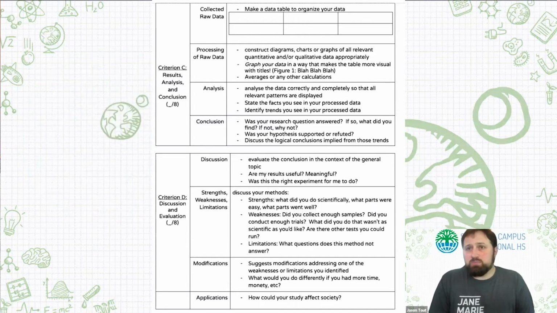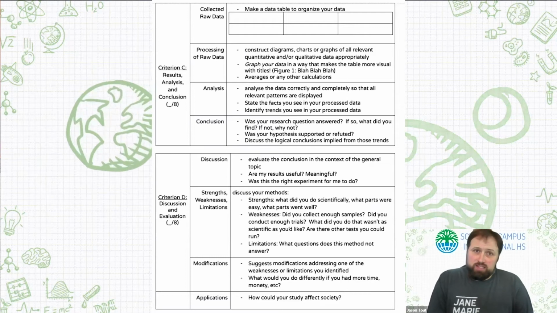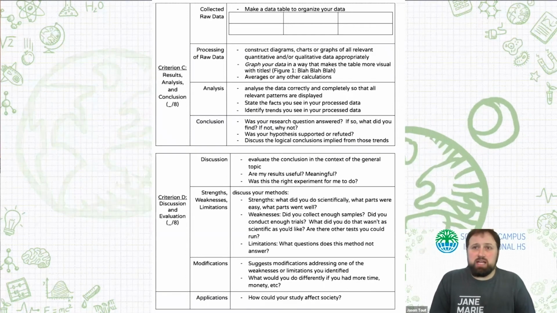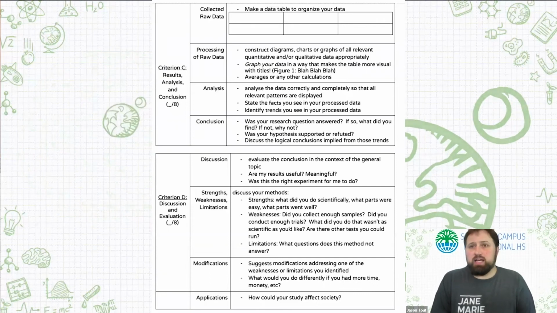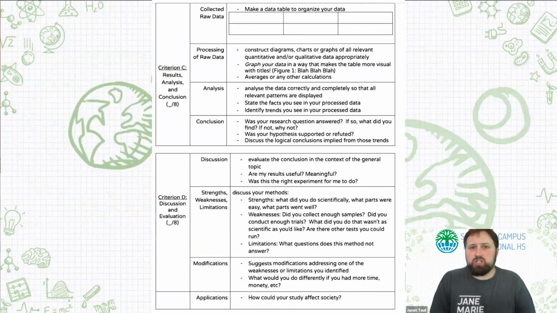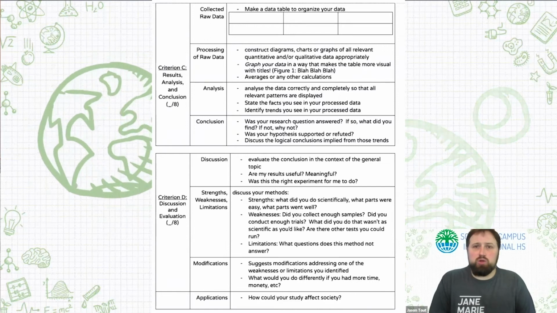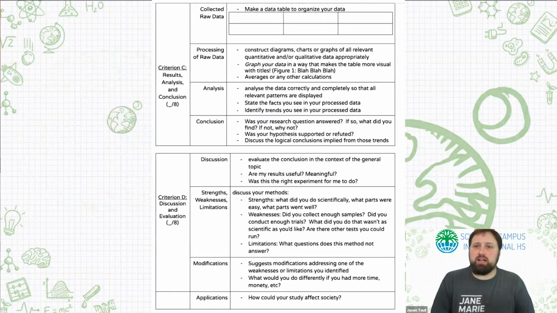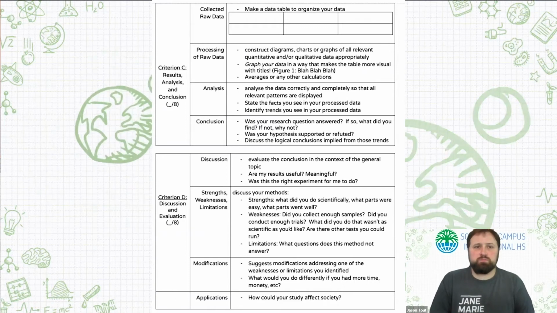After you've collected some data, you want to process that raw data. And processing it literally means doing some calculations or making graphs. You might calculate the average value for something, or you might graph your data in a way that makes the raw data a lot more visually accessible.